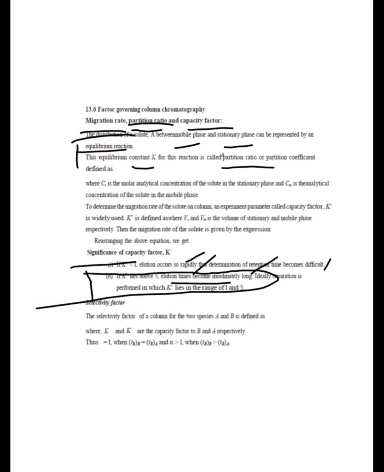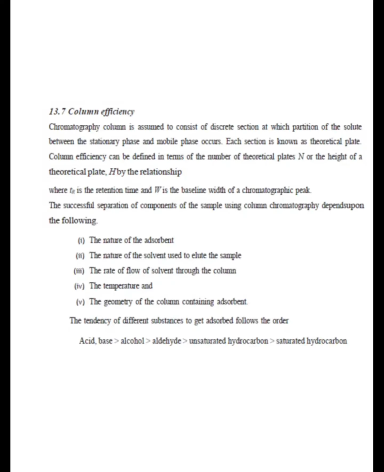Further, the next topic is column efficiency. Here we need to study column efficiency. Column efficiency can be defined in terms of different numbers of theoretical plates, or the height of a theoretical plate.